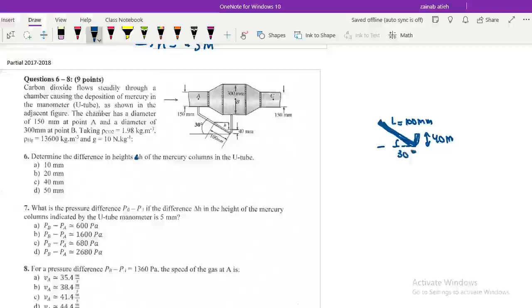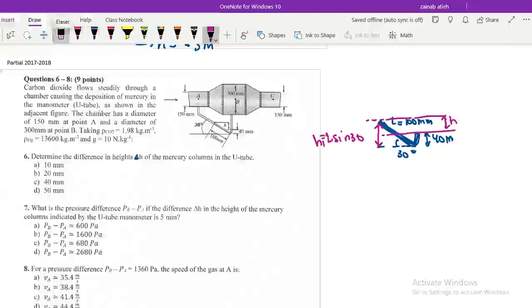degrees. So the height here for sure can be found easily. It's L sine 30, so it's called H1. What matters to us? I care about this height H1. I care about the difference between the arms of the manometer, this difference, which is this H. So you can see that this is H1. H is equal to H1 minus H2.